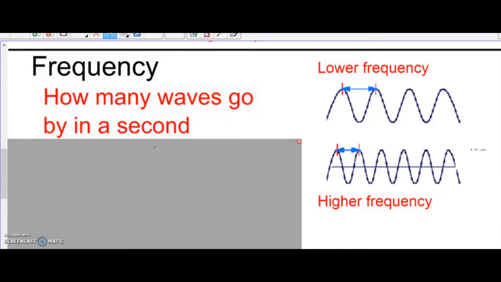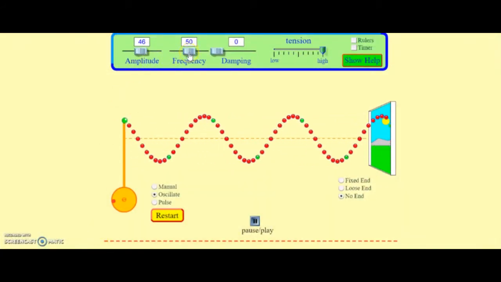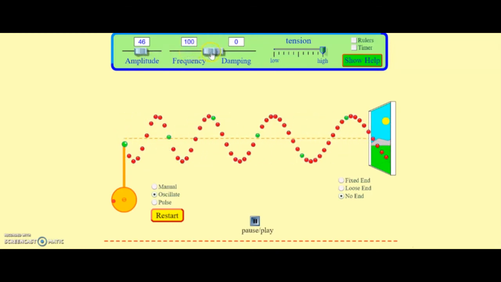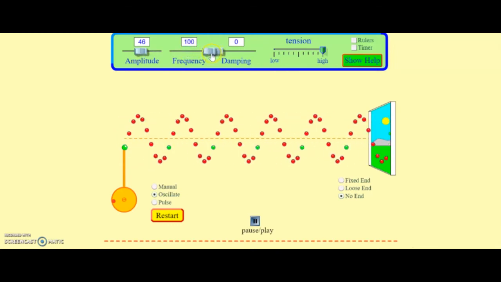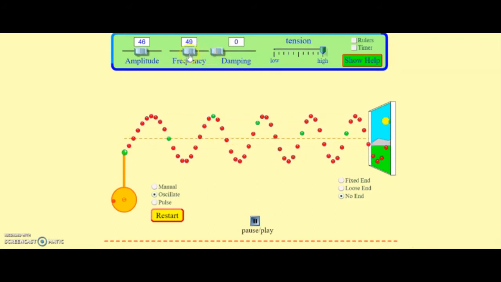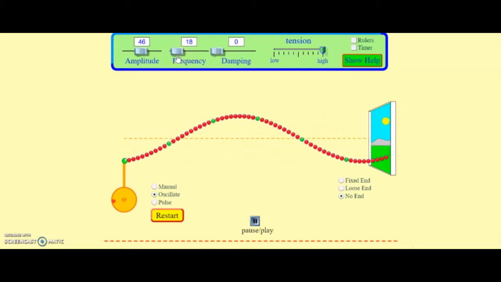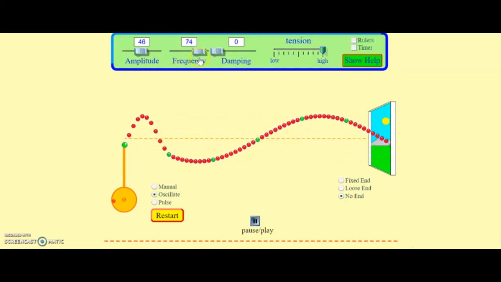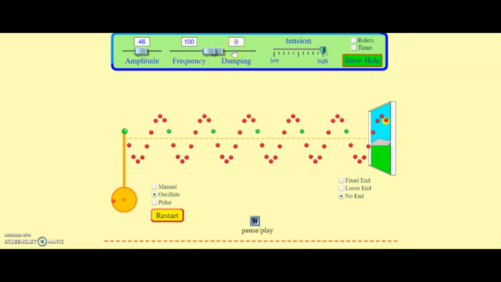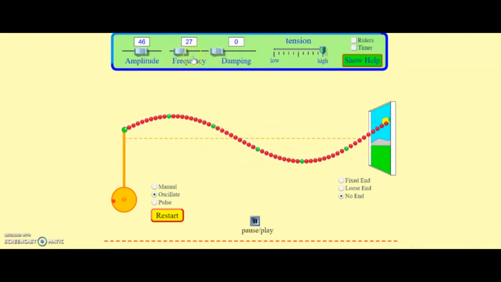Let me show that to you in the simulator. If we up the frequency, watch what happens. There are so many more waves now. If we turn the frequency way down, it's much slower. Low frequency, high frequency.